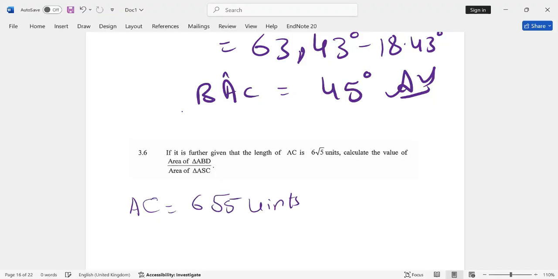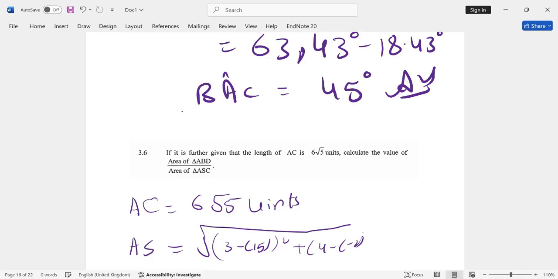So we have to calculate the length of AS. The distance AS is the square root of (3 minus 15) whole square plus (4 minus minus 2) whole square.